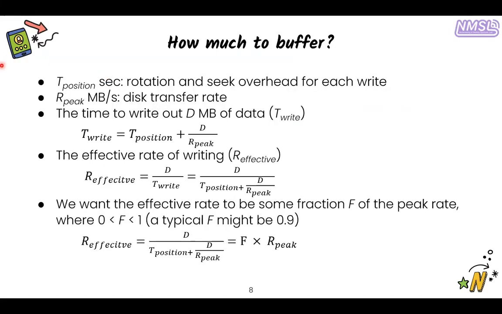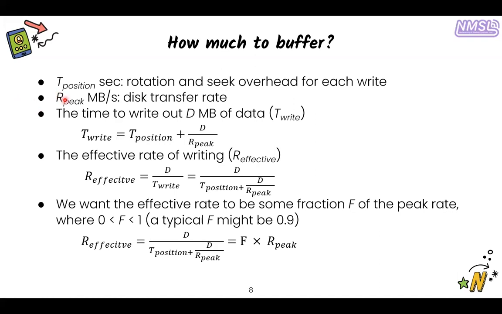So then obviously the question is, how much should we buffer, right? How long to wait? So just to put this into an equation, let's first say T sub position is the time it takes for rotation and seek for each, right?